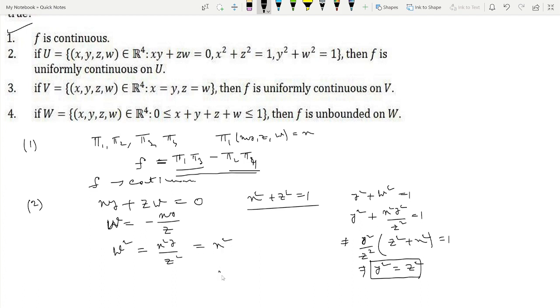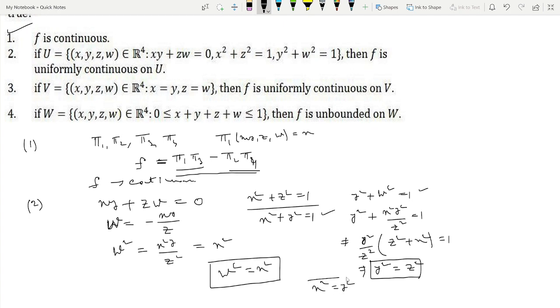So we have w square equal to x square. This is another condition. And then from these two, if we put z square equal to y square, we have x square plus y square equal to 1. Now from this one and this one, just subtracting them, we have x square equal to y square.